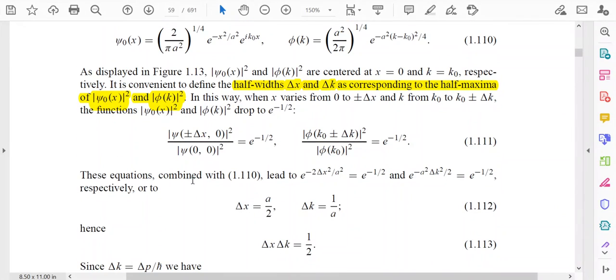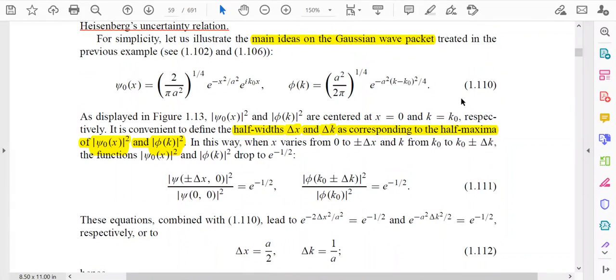So these equations combined with equation 1.110, that is the function psi 0 x and phi k. So we have this function psi 0 x is equal to this one. Now we put the value of psi 0 when t is equal to 0, so this function we will use for the position x is equal to plus minus delta x, and for x is equal to 0.